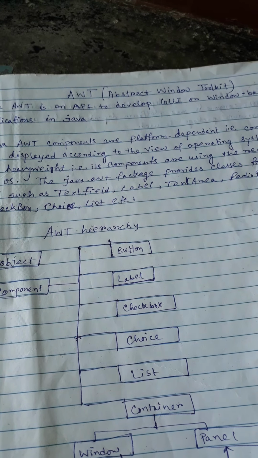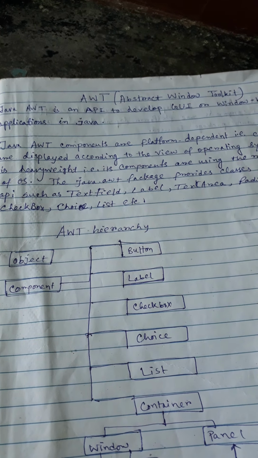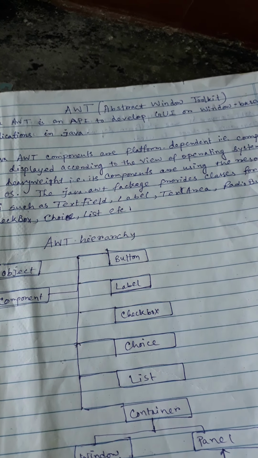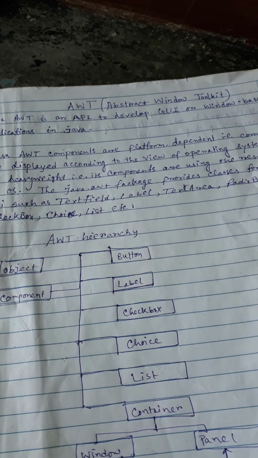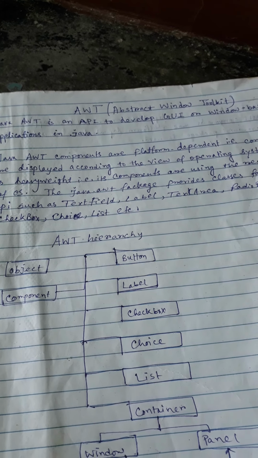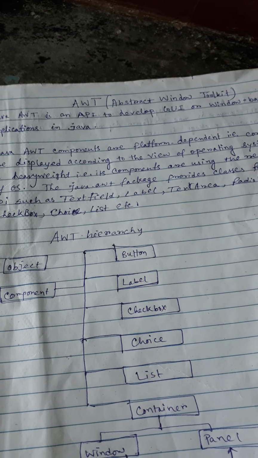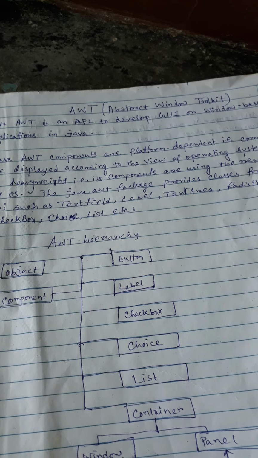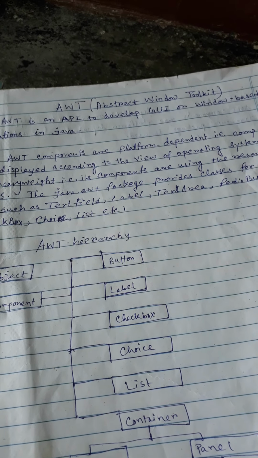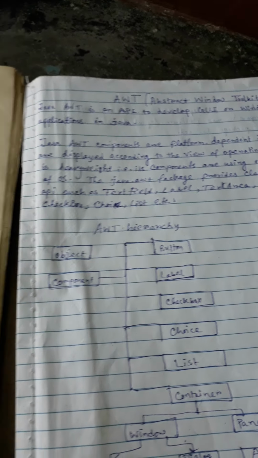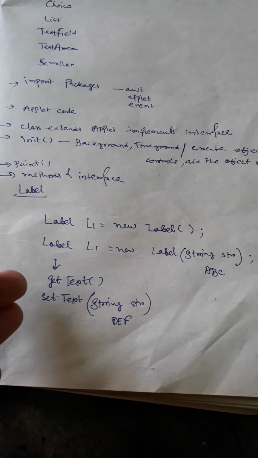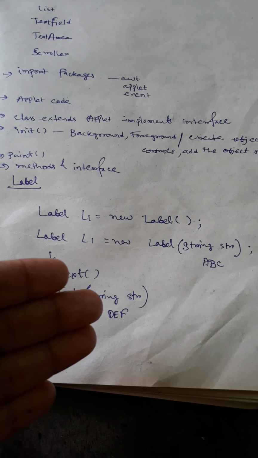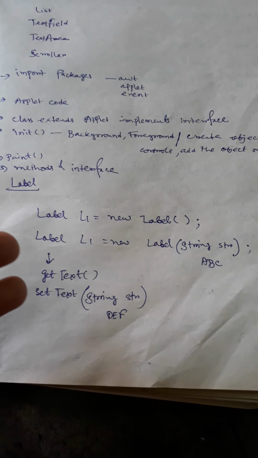So what is a label, and what is the difference between label and text? A label comes with input, but you cannot edit or change the input. If you want to change the input of a label, then you have to go to the code and, using the getText and setText methods, you can change the string of the label.